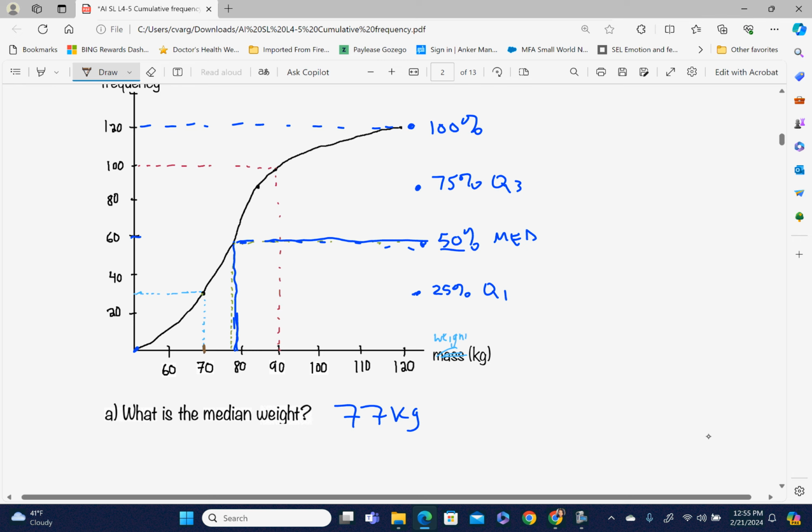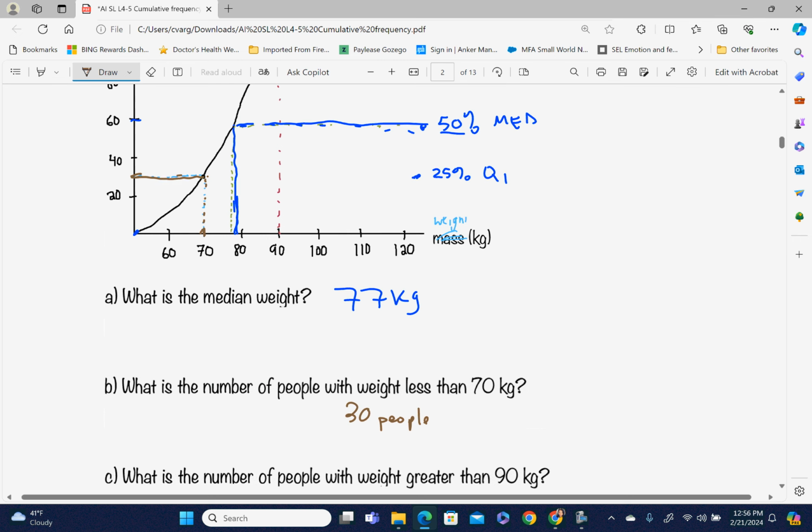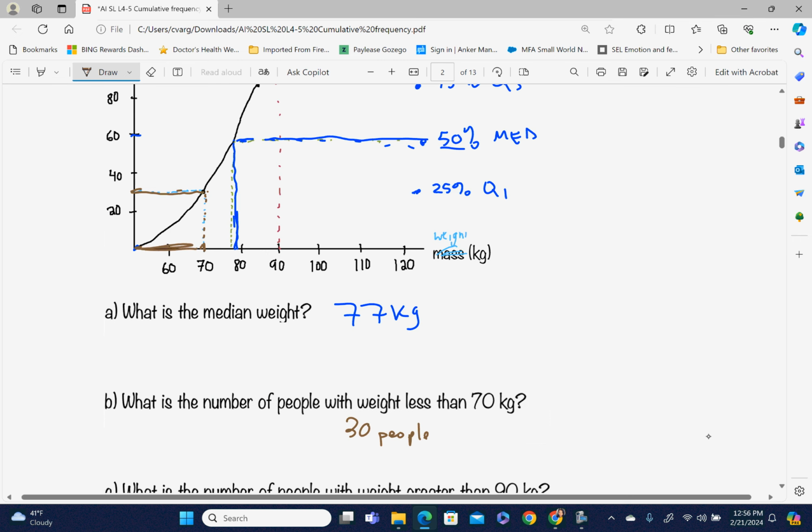We want to know how many people are less than that. So we have to go up, and you can see that I kind of already did this just to space this out. And this looks like it is going to be 30. So this is 30 people that have a weight less than 70 kilograms, right? Because a weight less than is this, okay?